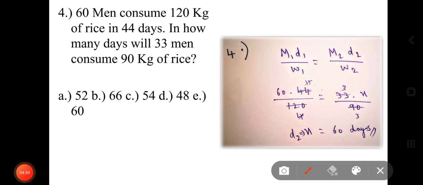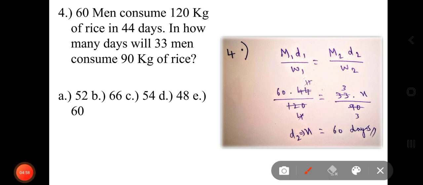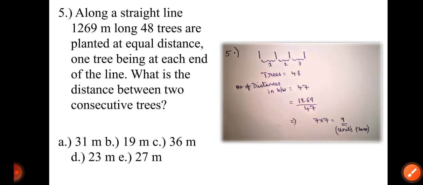M2 is 33 men, D2 days is unknown, so we consider it as X, and 90 is W2. After all the cancellation, we get D2, that is days, X equals 60 days, which is option 5.